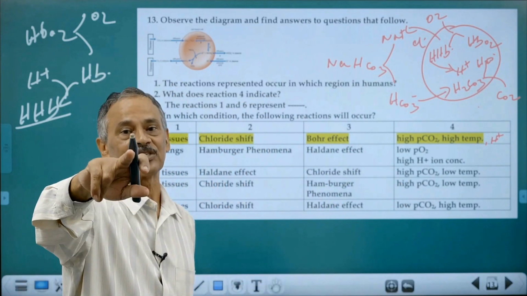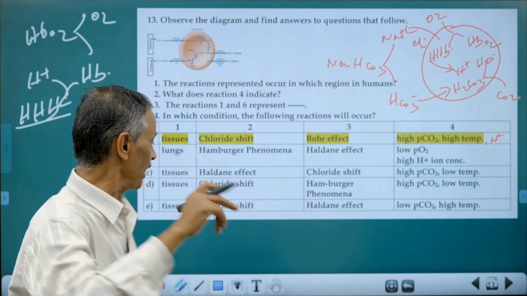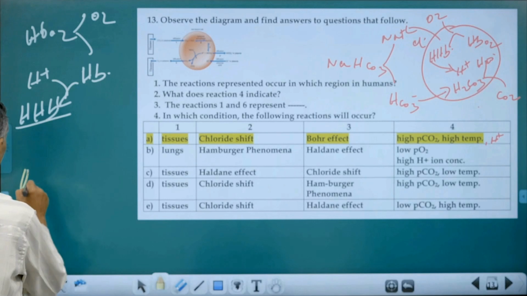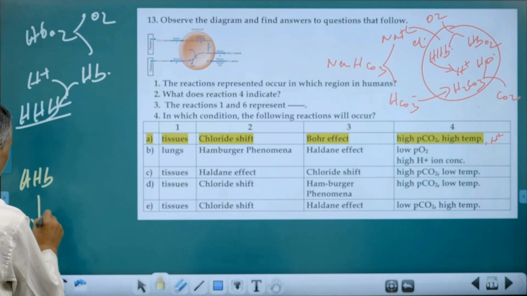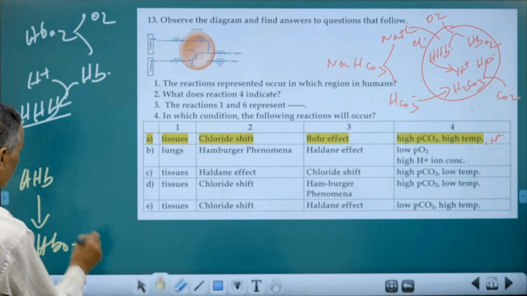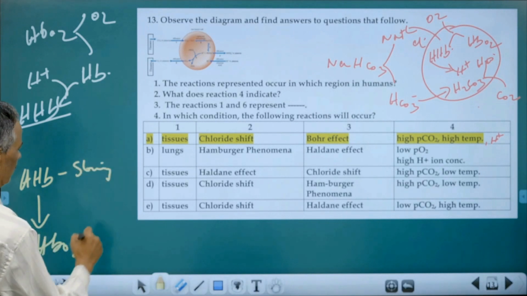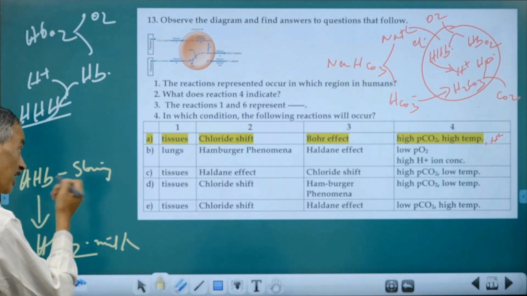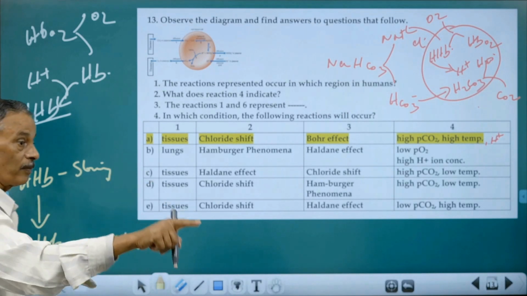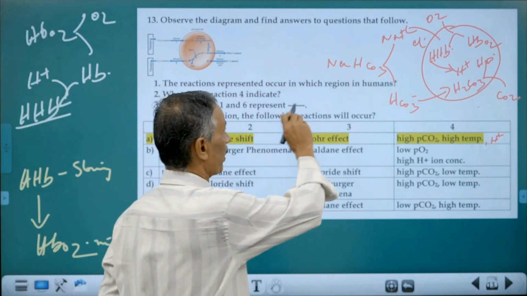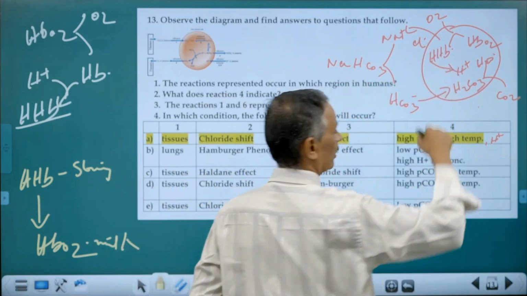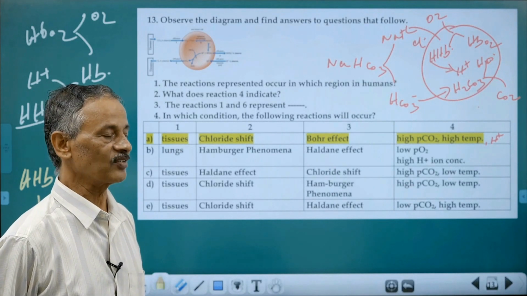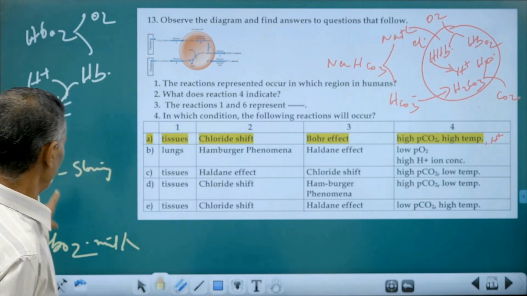What is the real cause of that change in pH? It is hemoglobinic acid converted into HbO2. This is a strong acid. This is a mild acid. So there is a change in pH. That change in pH is responsible for the breaking of sodium bicarbonate. That's why sodium bicarbonate breaks and carbon dioxide is released in the alveoli.